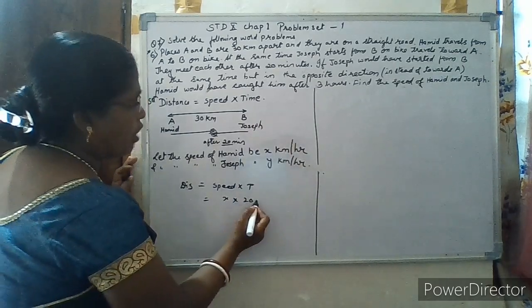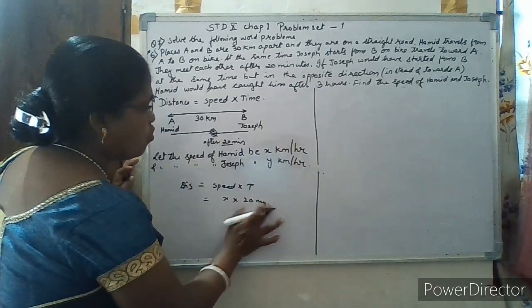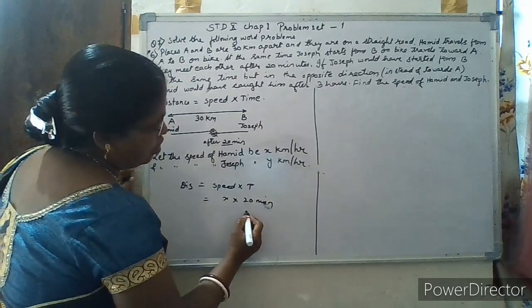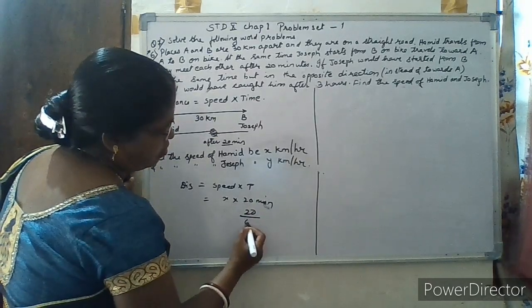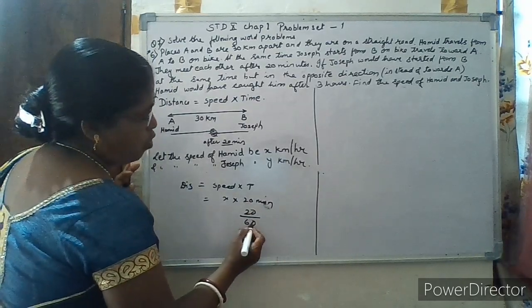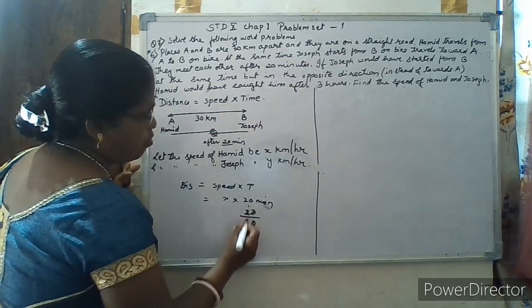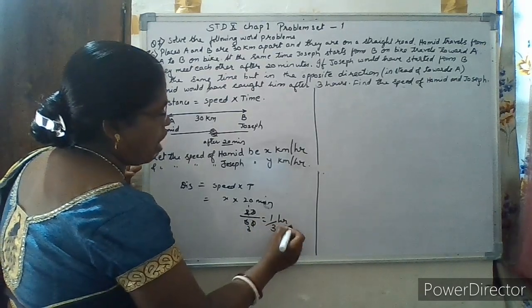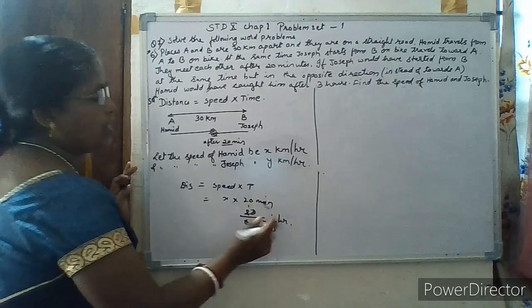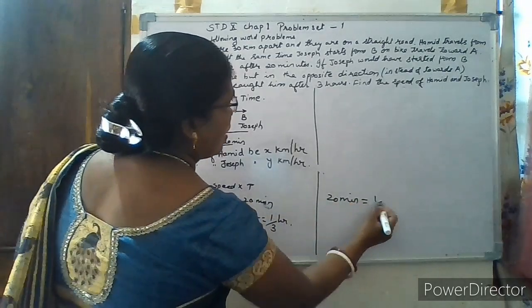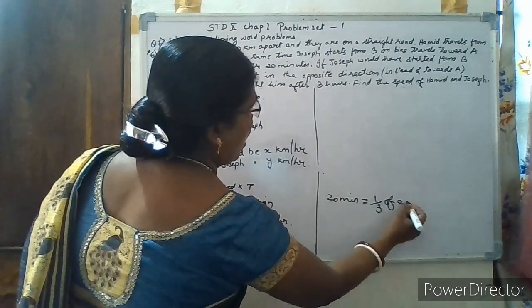So we have to convert minutes into hours. 20 minutes by 60 minutes, if you cancel, 2 ones are 2, 3 ones are 3, that means it is 1/3 of an hour. This 20 minutes is equal to 1/3 of an hour.